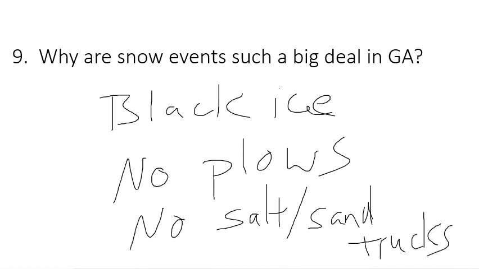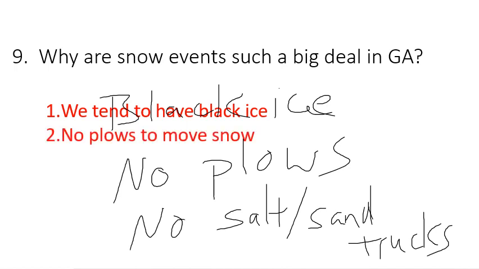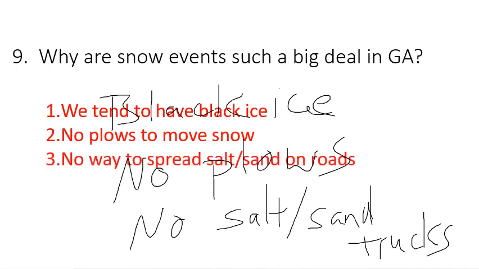We can't go around and spread salt and sand like they can up north. Now, we have a couple trucks that do that in Atlanta, and they'll do the best they can with the biggest, busiest of roads, but they're not going around and salting the roads in your neighborhood. We don't have enough trucks to be able to do that. So we tend to get black ice. We don't have the plows to move the snow, and we don't have any way to spread salt and sand on the roads.